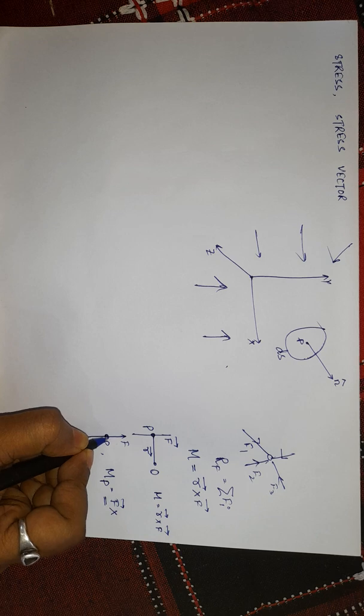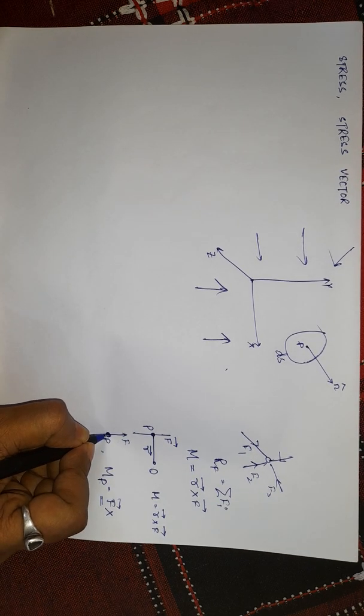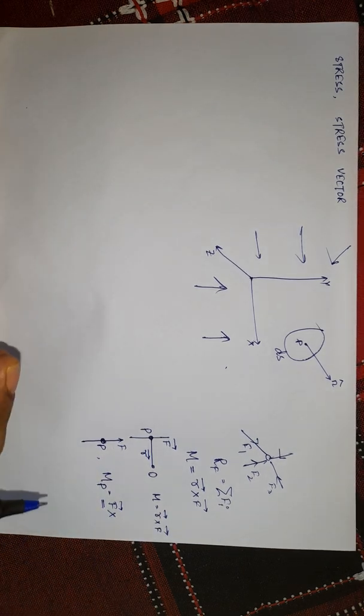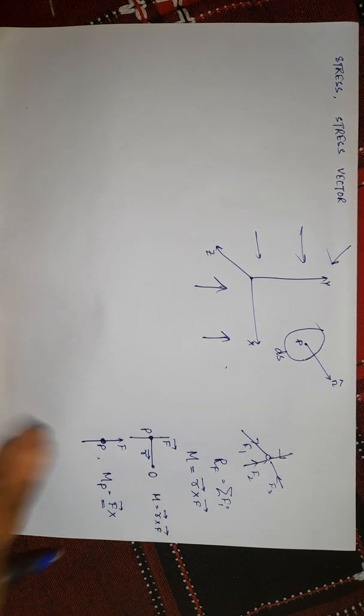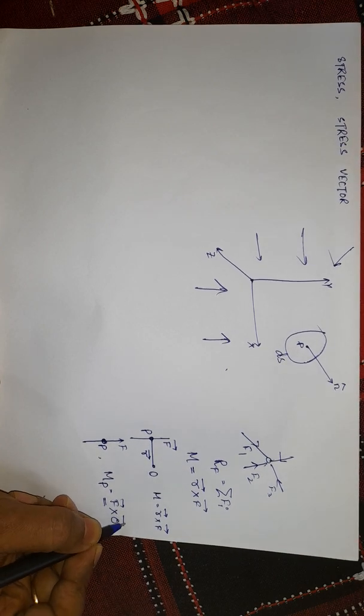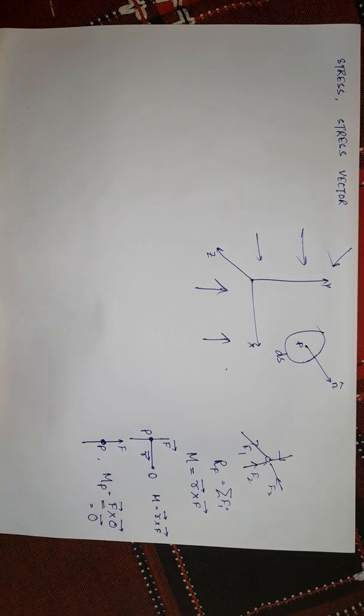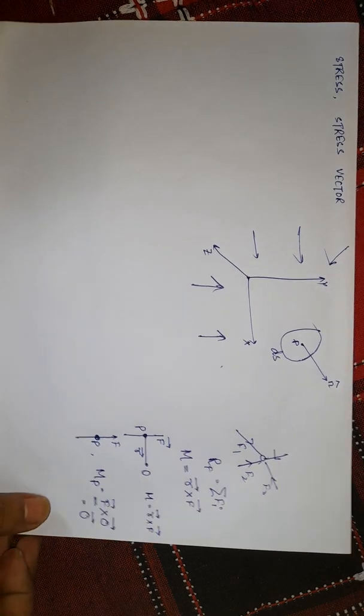Now suppose we need the moment with respect to the point P. What is the distance of point P from point P? It is 0. So that's why it is f vector cross 0 vector. So ultimately the outcome becomes a 0 vector. Am I clear? Okay.